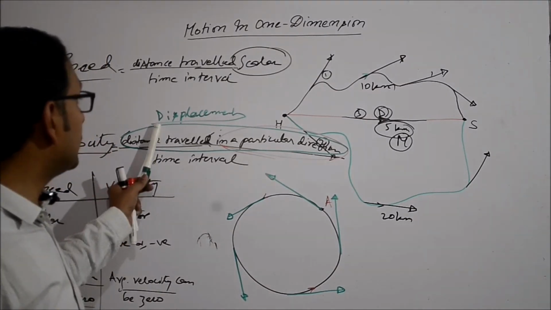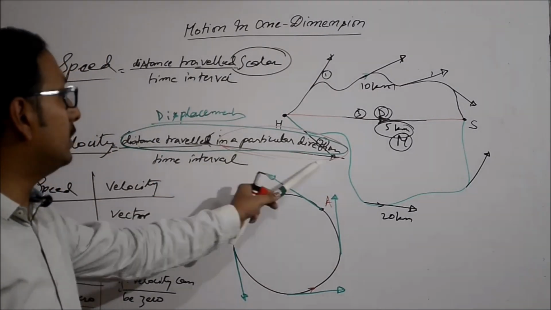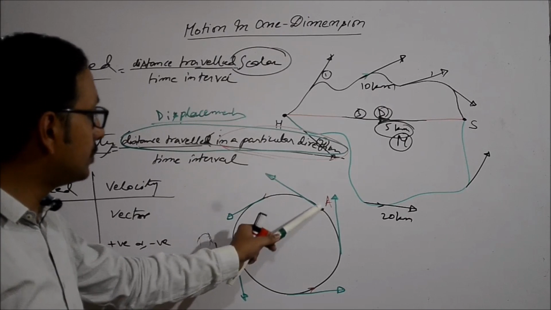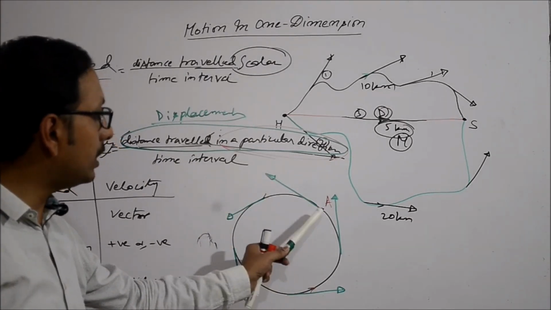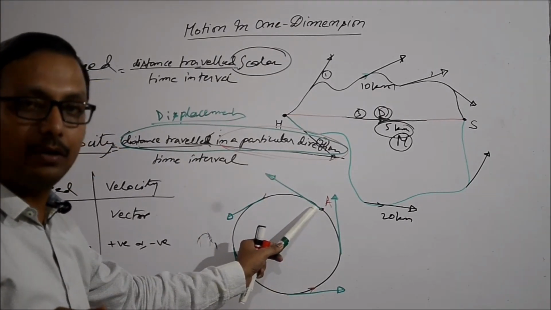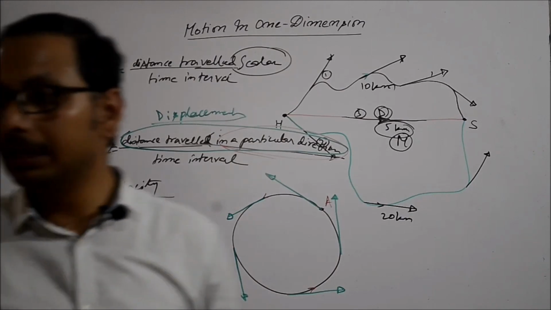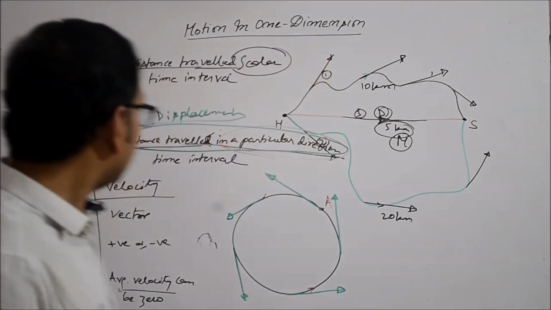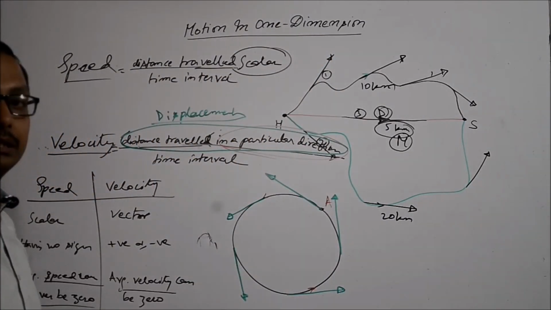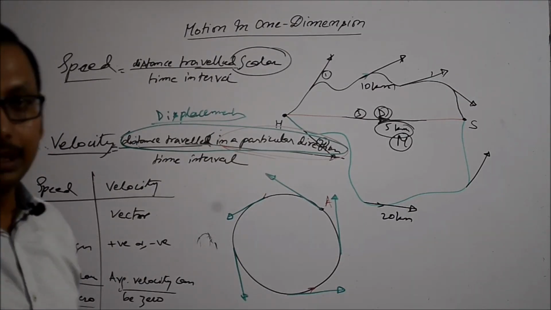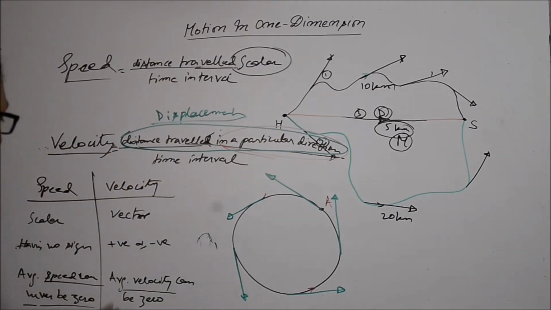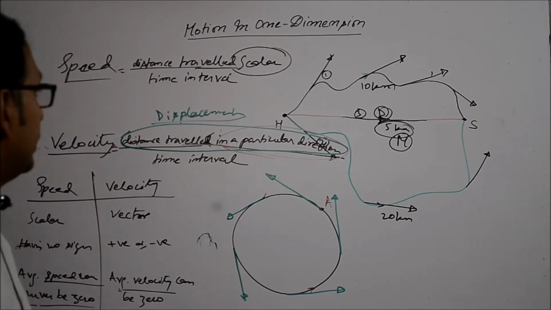If you see here, the displacement is 0. The body started from A and it is at end A only. So if displacement is 0, then velocity obviously will be 0. That's why I told you that average velocity can be 0. You can also write velocity is 0.